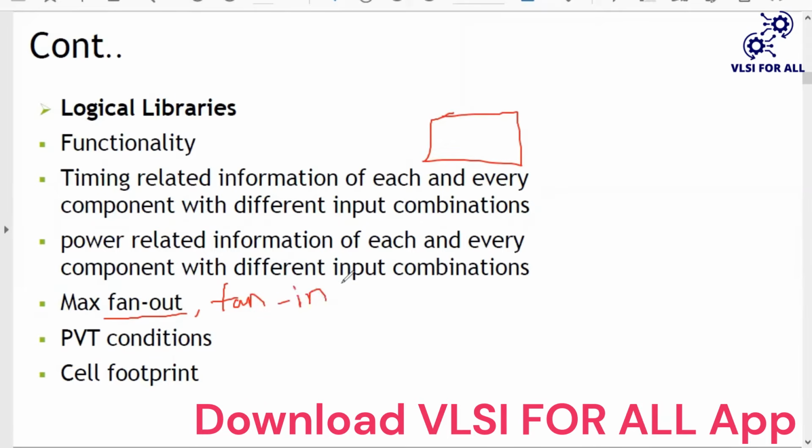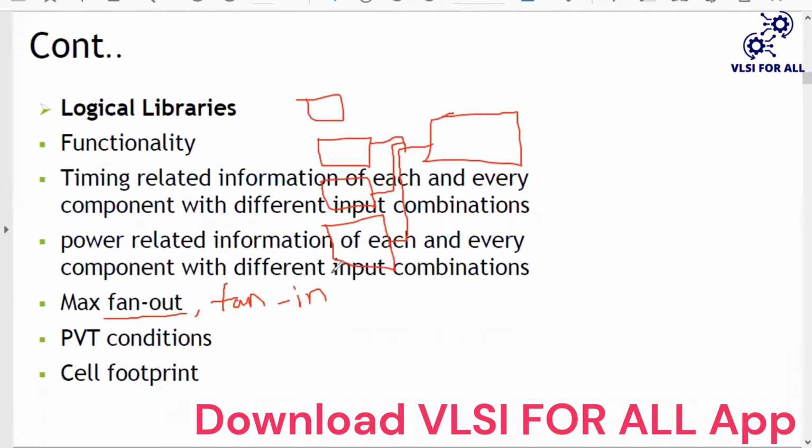Fan in is nothing but how many cells will be involved. Like in the example I mentioned, 4 cells: can only one input pin drive them or not? Is the capacity there or not in this one net?